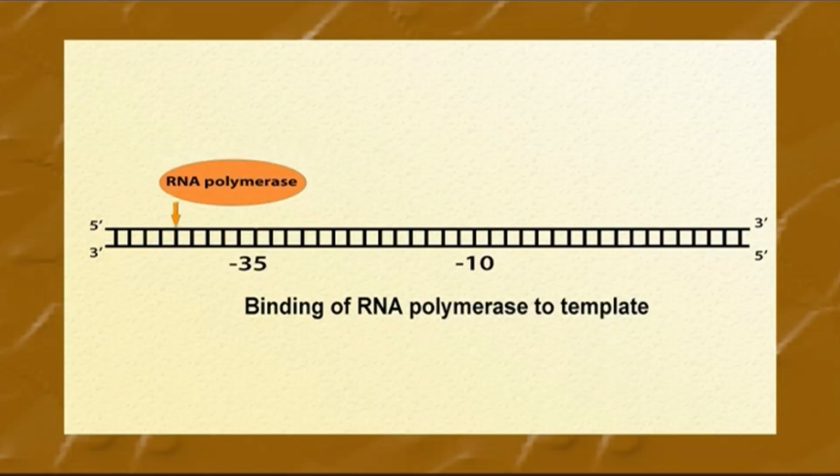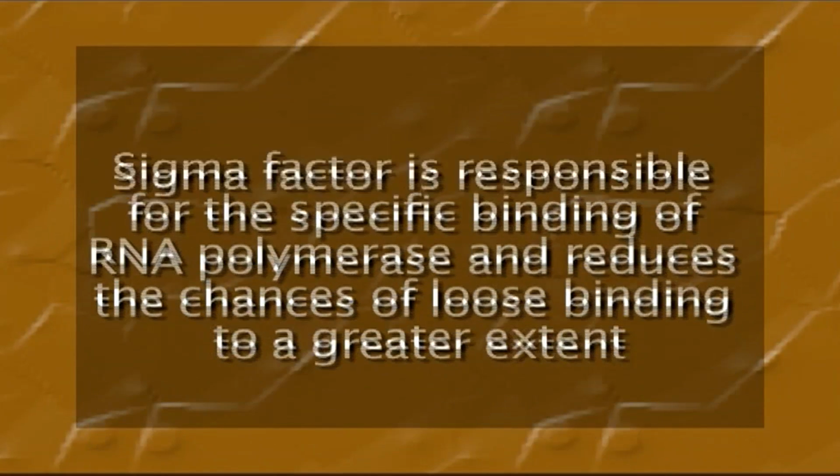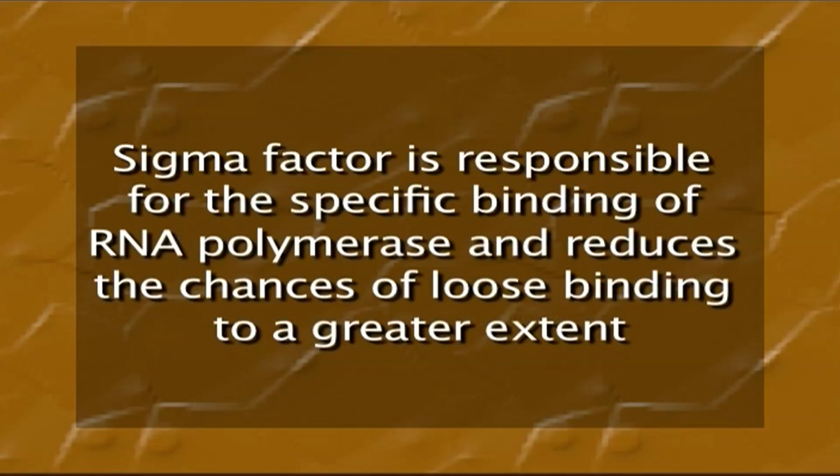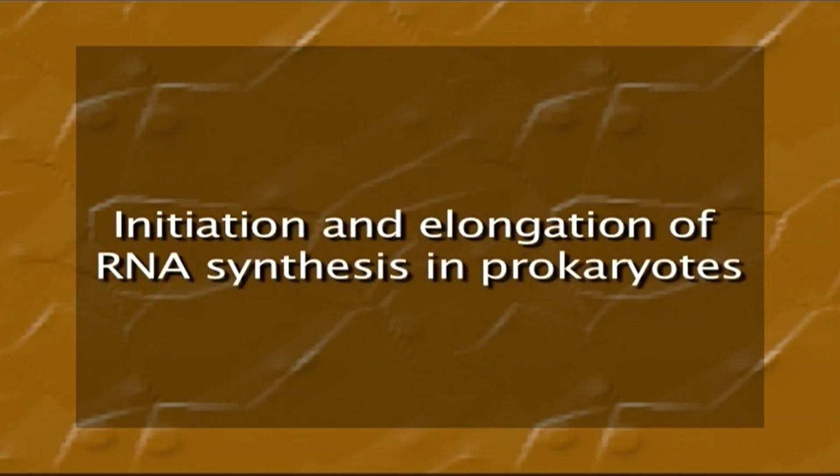RNA polymerase sometimes binds at a site other than the promoter site, which is known as loose binding. Sigma factor is responsible for the specific binding of RNA polymerase and reduces the chances of loose binding to a greater extent.